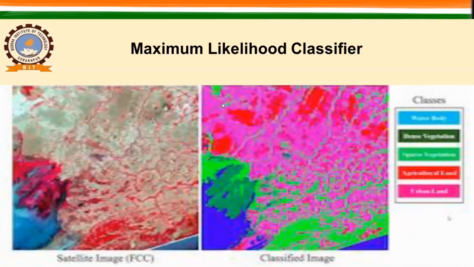This is the result you get using the maximum likelihood classifier, and there are certain limitations with each of these classifiers that you need to understand. As I told you, no matter how far the pixels are from the mean vector, they will be classified. If you introduce a threshold, then several pixels here will be unclassified.